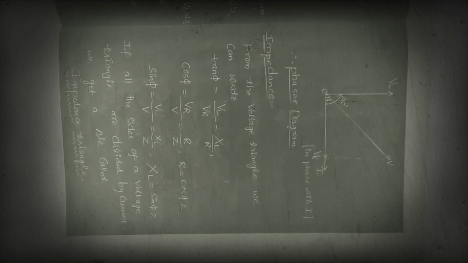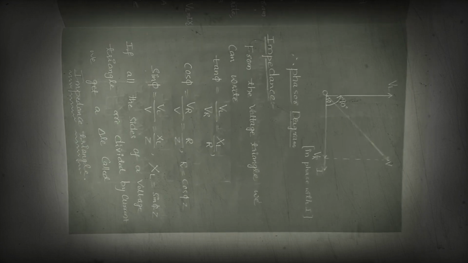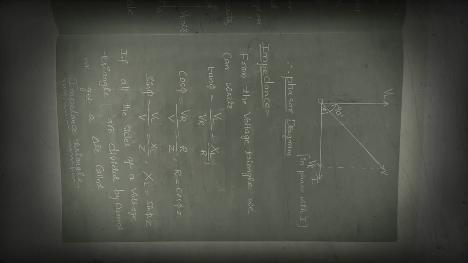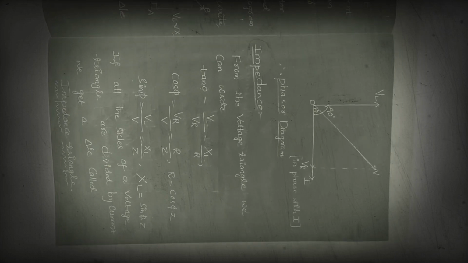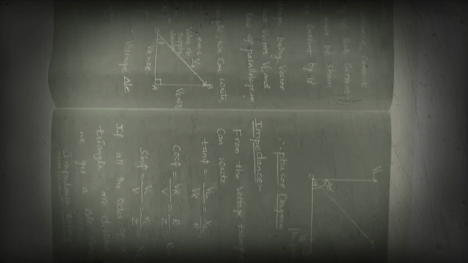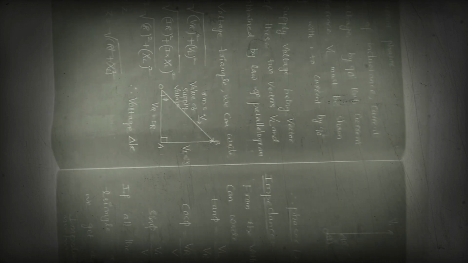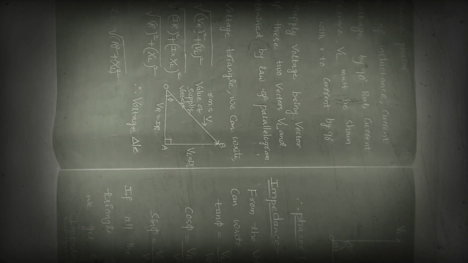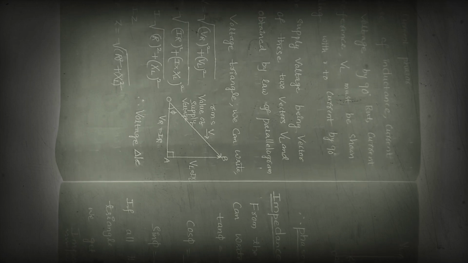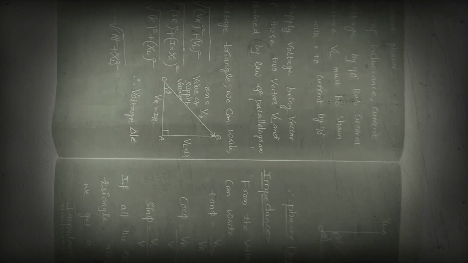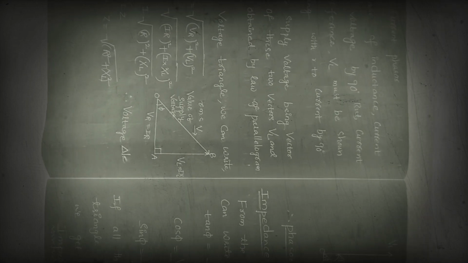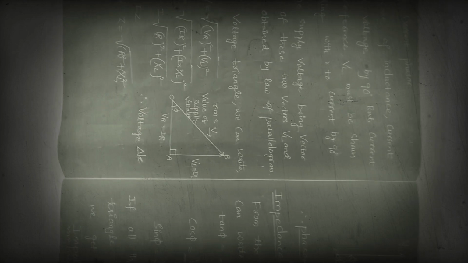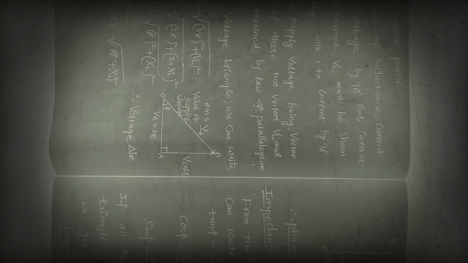If all the sides of a voltage triangle are divided by current, we get a triangle called the impedance triangle. For example, if I divide all the sides of this voltage triangle by current, I will get the impedance triangle. Here in the voltage triangle, on the x-axis I have VR.